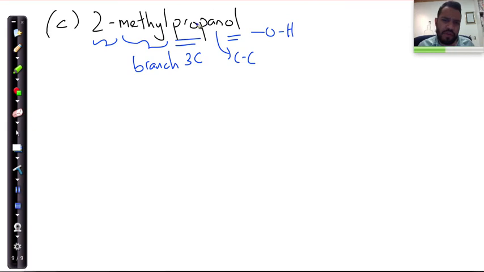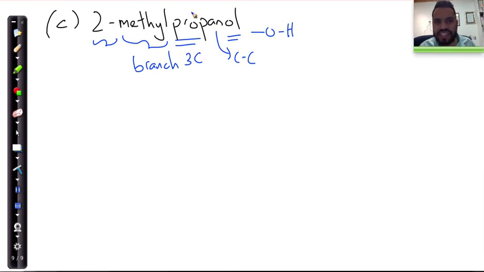If we look carefully at propanol, it doesn't indicate where the hydroxyl functional group is to be located, right? So this could have been propan-1-ol or propan-2-ol. Not really propan-3-ol, because propan-3-ol is the same as propan-1-ol. It just means you need to number from the opposite side. So let's start with the main chain.